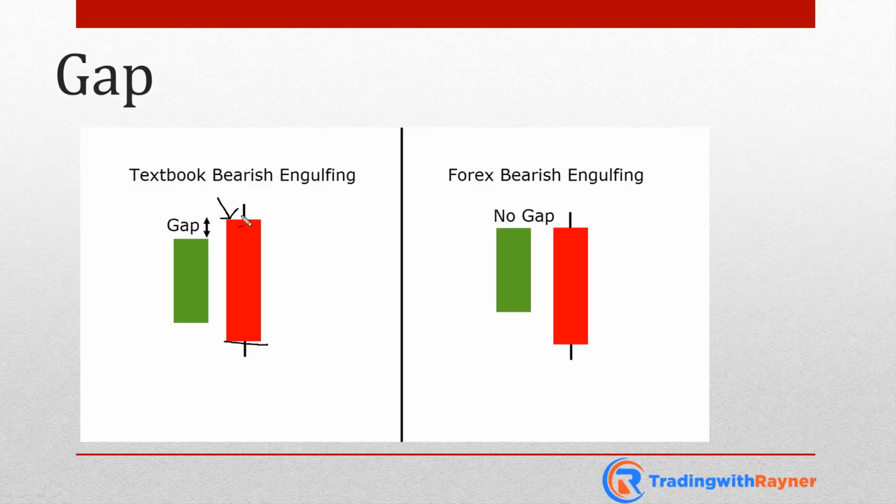So you have to remove this gap portion and slightly tweak the definition of bearish engulfing for the Forex market. What you should do instead is remove the gap element. So for a Forex bearish engulfing, it would pretty much open where the previous candle has closed and then close lower, engulfing the previous candle. So you need to take this gap element into consideration when you're trading the Forex markets or any market that is open for almost 24 hours a day.